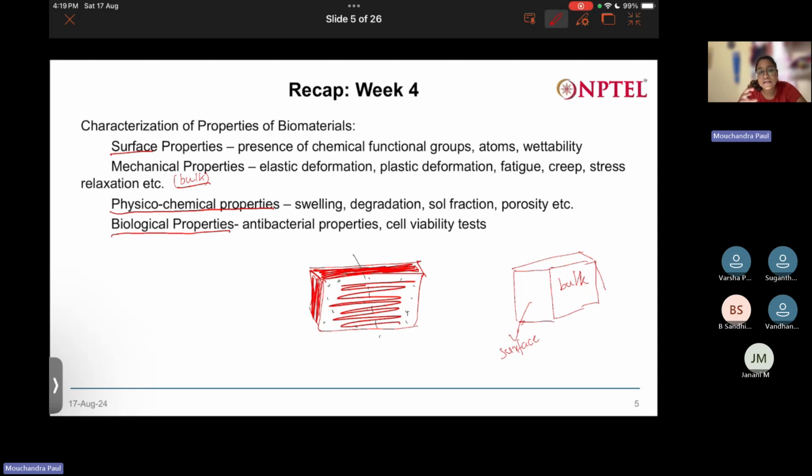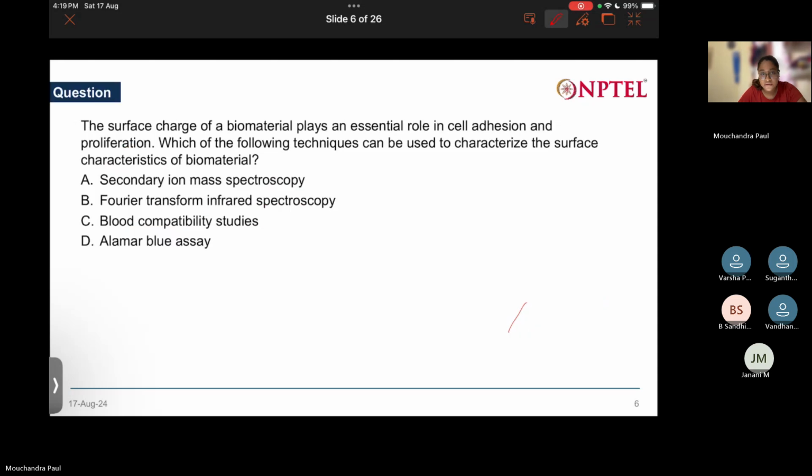So these are the classes of characteristics that we are interested to know about a biomaterial before we actually show its usage for making an artificial tissue. Okay, we'll go over the questions one by one. And as we are going over the questions, I'll also try to discuss some theory behind each question.